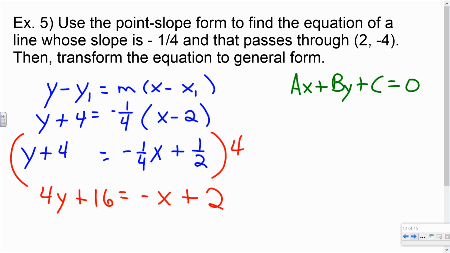If I add x, I have 1x over here. I'll keep my 4y. I need to subtract 2, so I have plus 14 equals 0. Do I have any fractions? Do I have x then y then constant equals 0? And do I start with a positive? And I'm good.